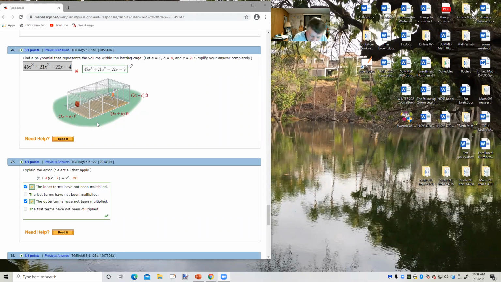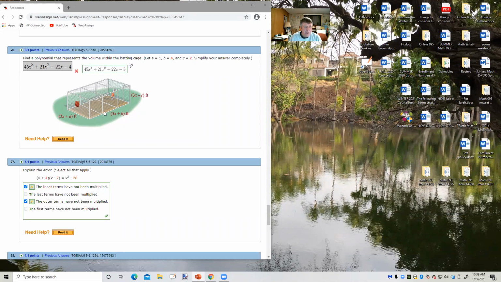Now, if the volume equals the length times the width times the height, I'm going to call this the length, 5x plus b, but b is 4. So the length would be 5x plus 4 feet.